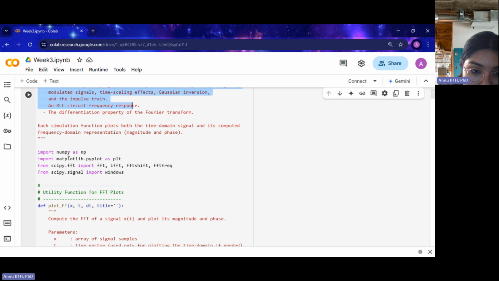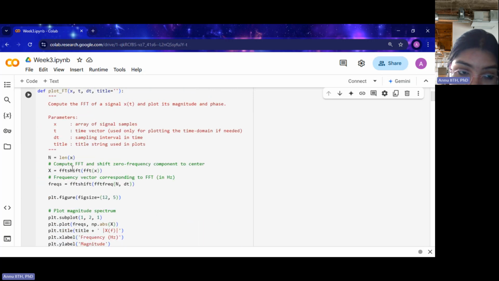Import numpy as np, matplotlib.pyplot as plt, from scipy.fft import fft, ifft, fftshift, fftfreq, from scipy.signal import windows. Compute the FFT of a signal x(t) and plot its magnitude and phase. There is an array of signal samples, and this is a time vector used for plotting the time domain if needed.